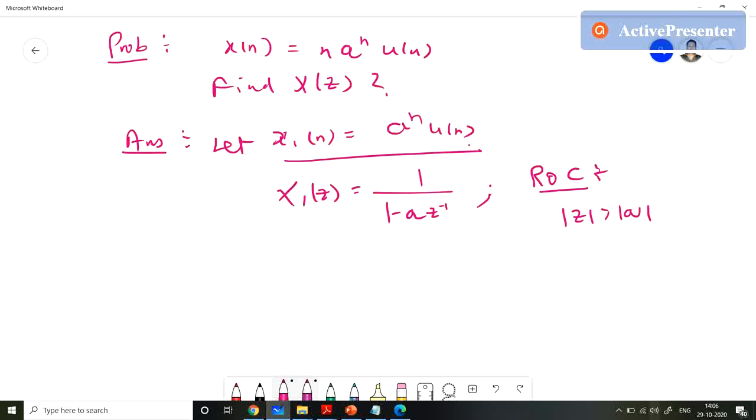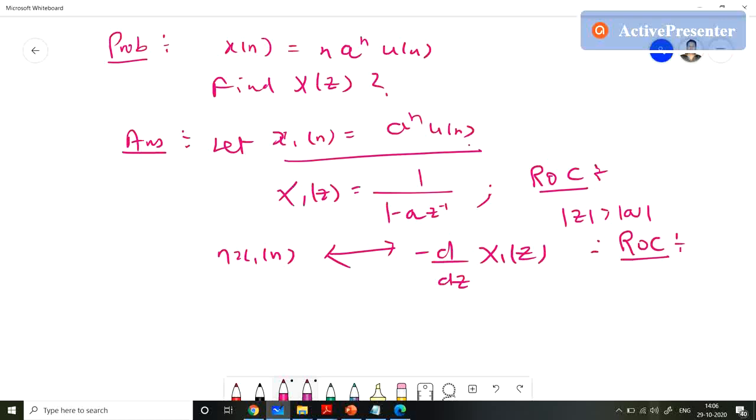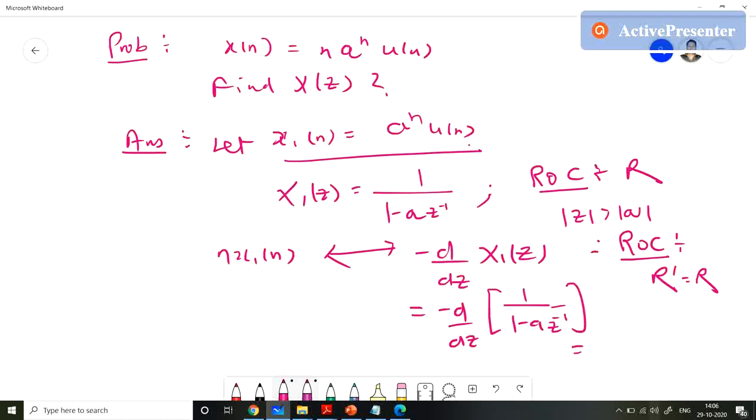Now if we multiply with n, this n x1[n], then we will get the z transform as minus d by dz of X1(z), and the ROC will remain R. So it is minus d by dz of 1 divided by 1 minus a z inverse.